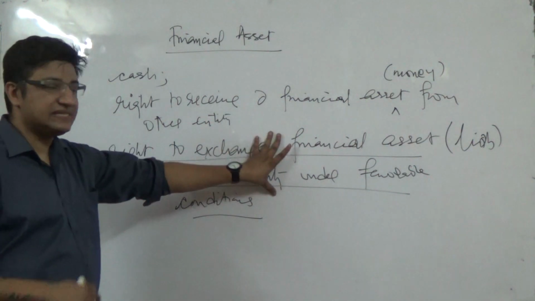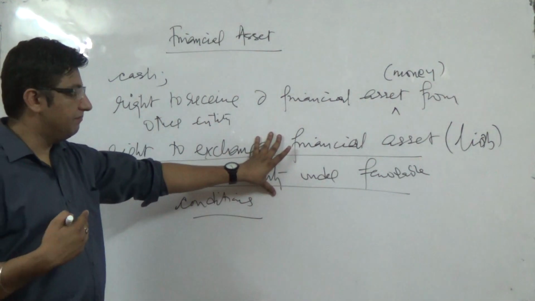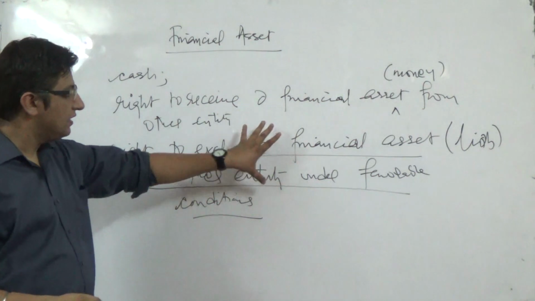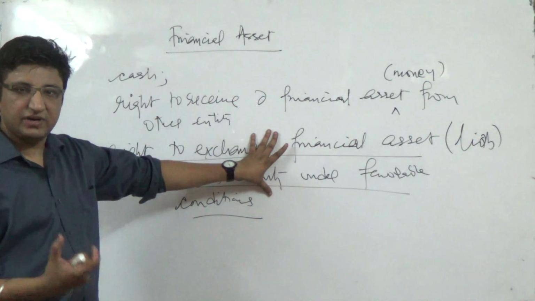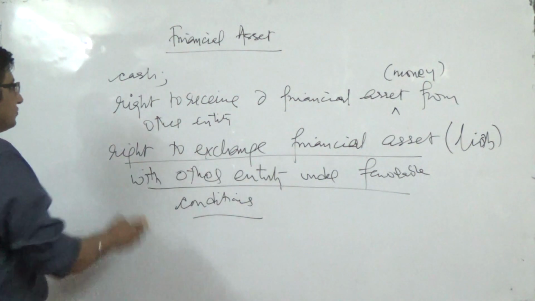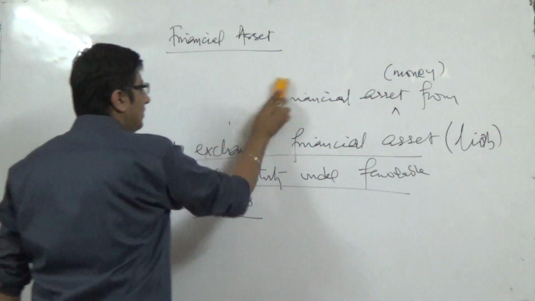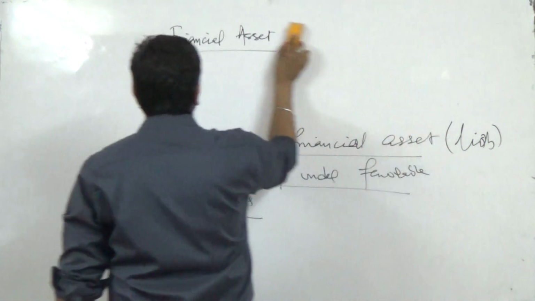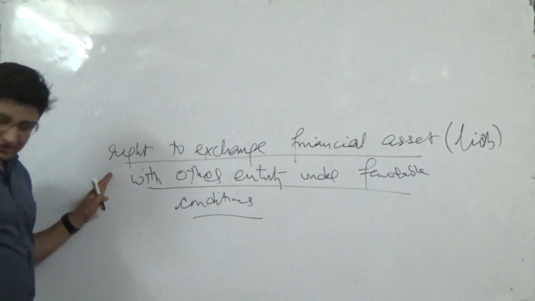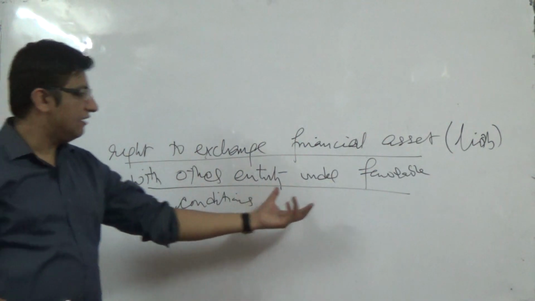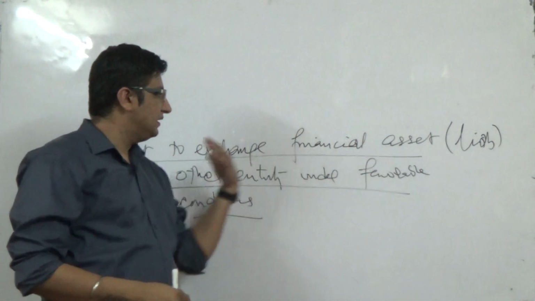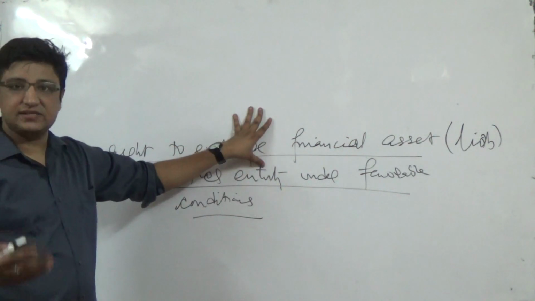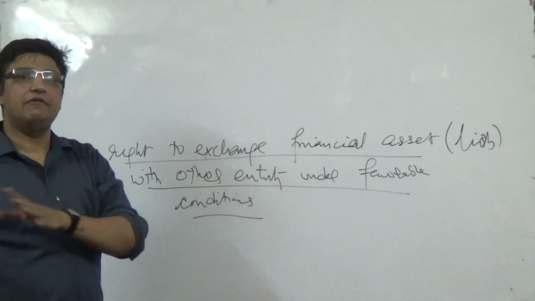I'm going to use an example to discuss the implication of this definition, what it actually means. I want to take some space here to discuss this particular point. What could be a favorable condition? What could be the right to exchange under such potentially favorable conditions?